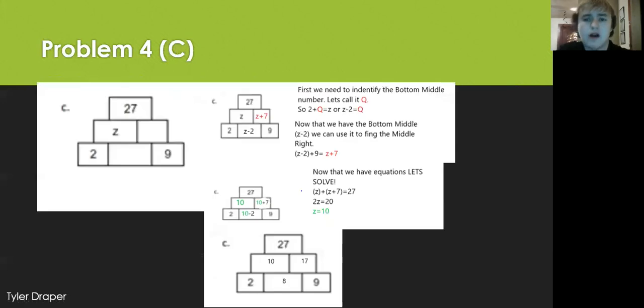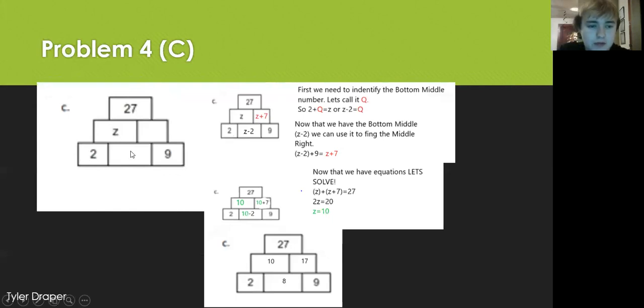Problem C. All right, so first we need to identify the bottom middle number. We'll call that bottom middle number Q. We're given the 2 and the z.